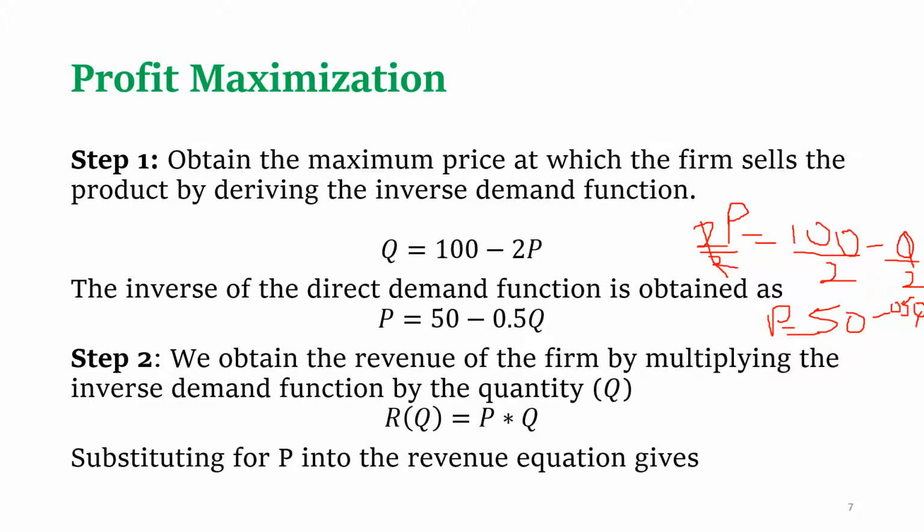So that is the price. We are now going to multiply that price by the quantity. Did you see what we did here? Price times quantity, P multiplied by Q. Already we know the price, which is 50 minus 0.5Q. All we need to do is to multiply by the quantity, right?